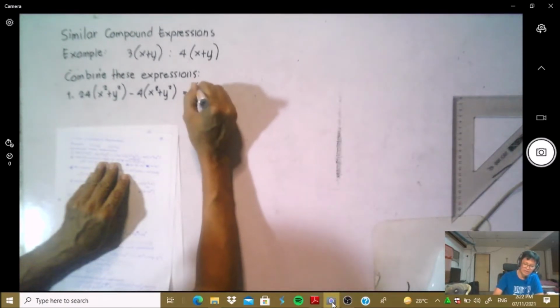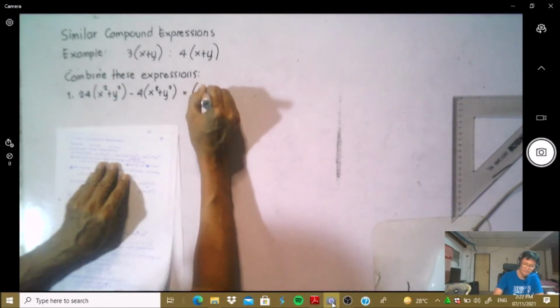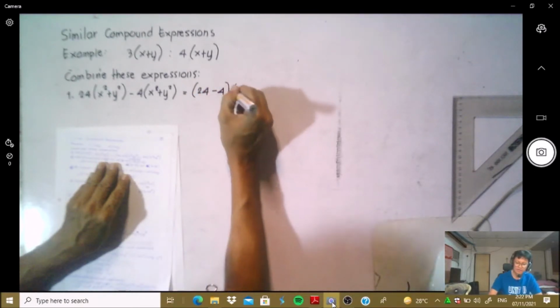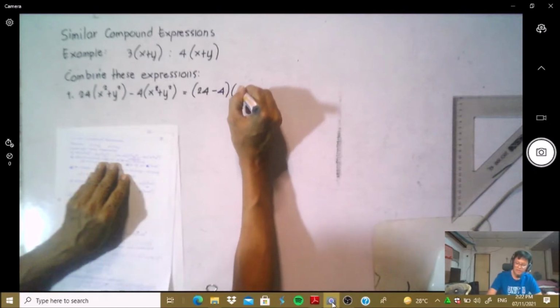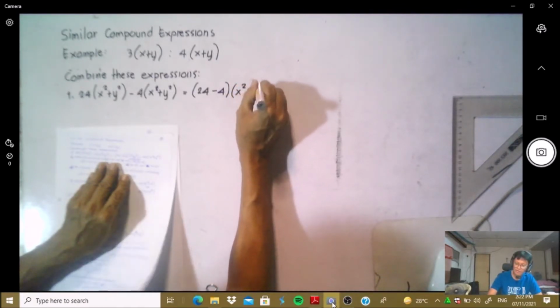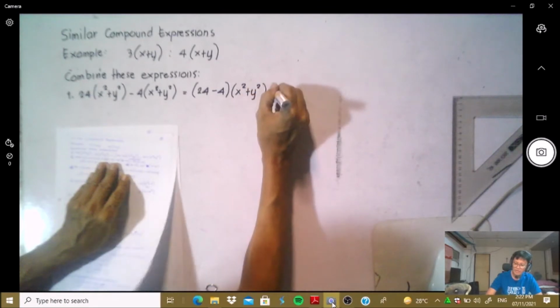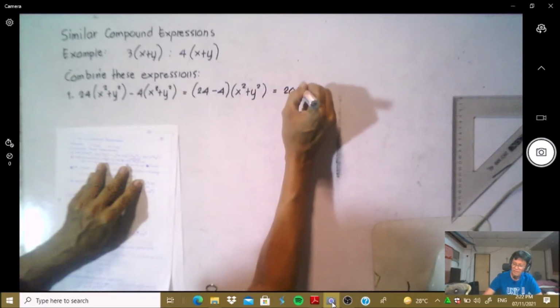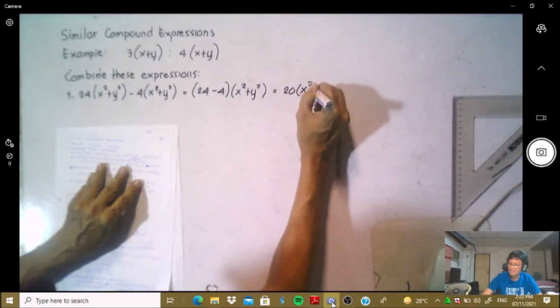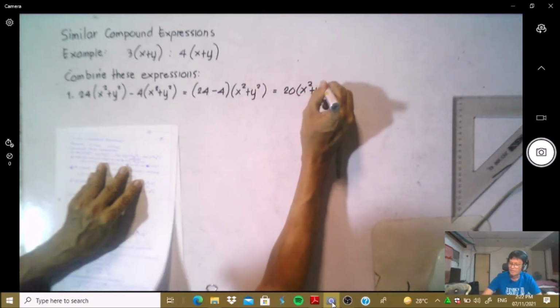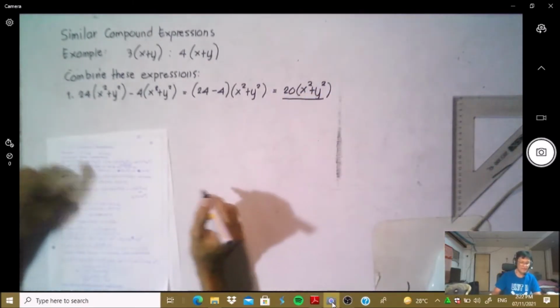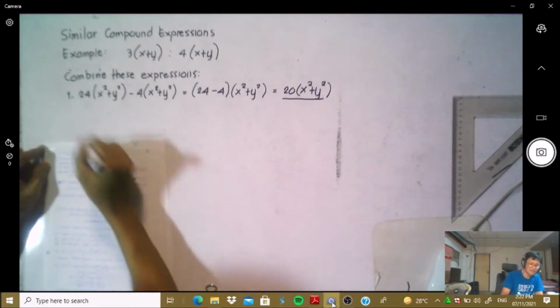So we'll get 24 minus 4 multiplied by the quantity x squared plus y squared. And therefore, our answer will be 20 multiplied by x squared plus y squared. Okay, so this is our answer.